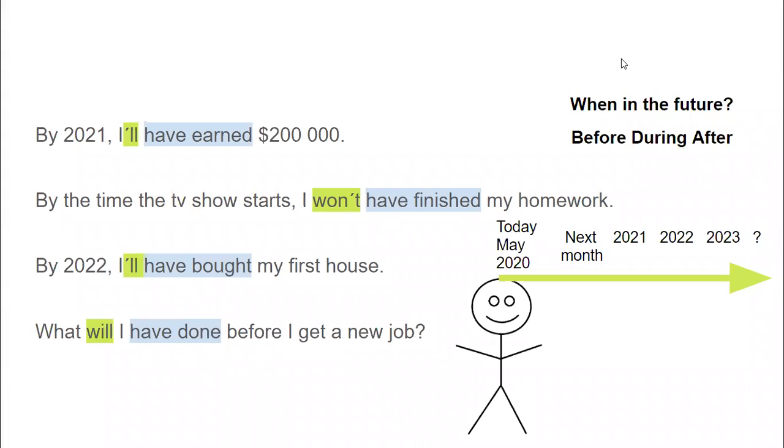So in the first sentence, we have, by 2021, I'll have earned 200,000 pesos. So here the action is taking place before, during, or after 2021?